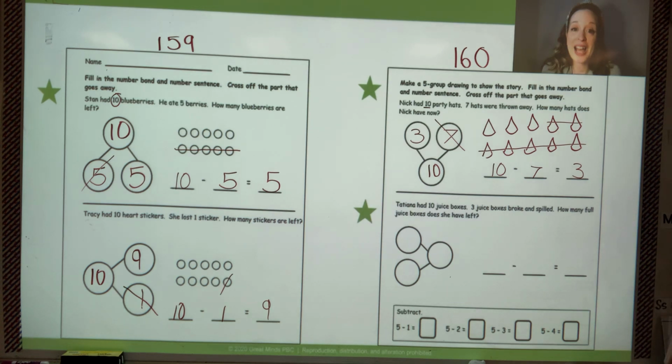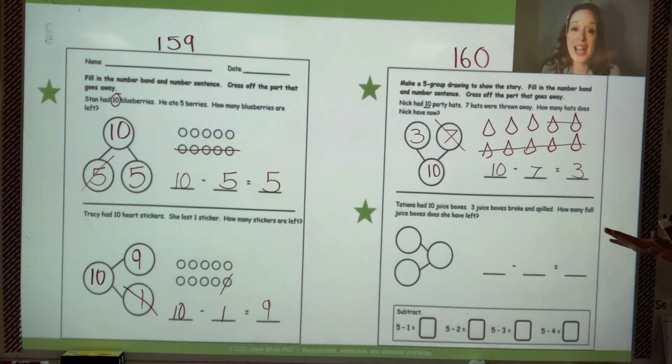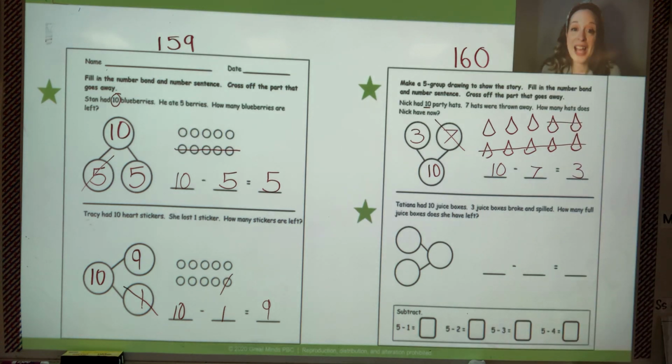How many full juice boxes does she have left? You're going to fill in the number bond and number sentence. Then down at the bottom, you can use your fingers or drawings to help solve these problems. I would use my fingers because it's quicker.